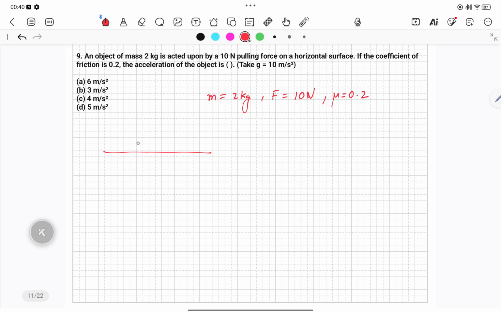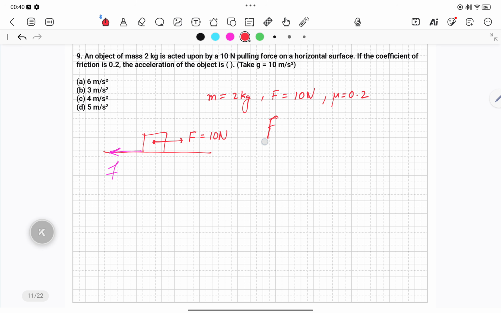Suppose this is the object and 10 Newton of force is applied in this direction and the friction force will be opposite to the applied force, and we know that the maximum friction force is mu times mg, or mu times normal reaction.